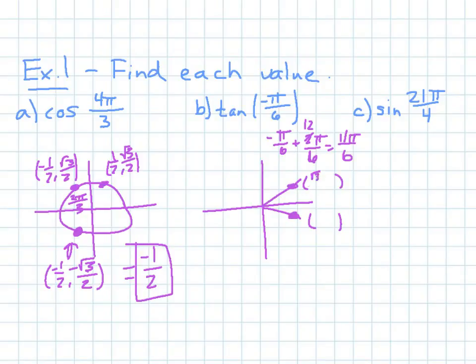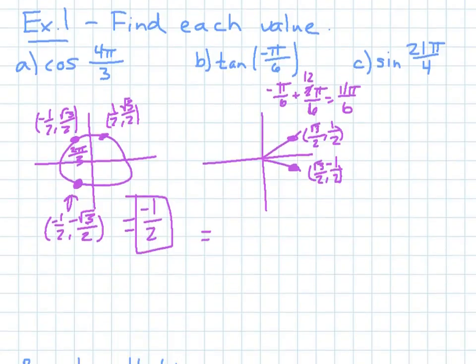So in the first quadrant, that point is square root of 3 over 2 comma 1/2. So if you flipped it over, it would be square root of 3 over 2 comma negative 1/2 because your y value is negative. Now since I'm looking for tangent, remember sine over cosine for this angle.